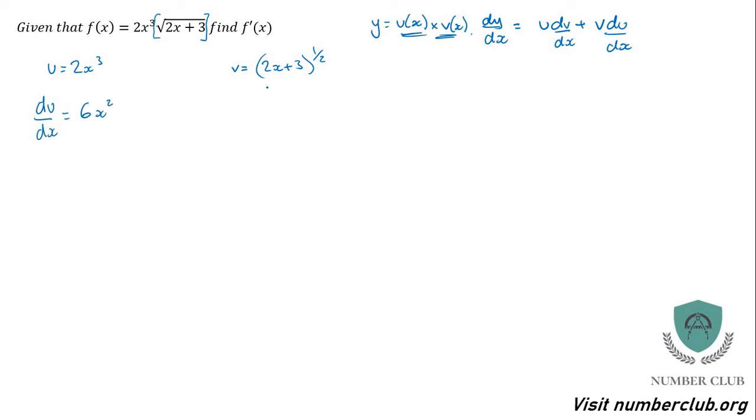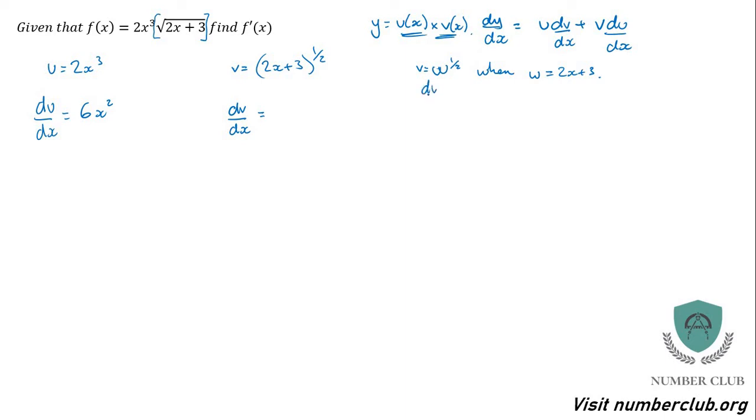dv by dx involves using the chain rule. So dv by dx will involve, well, if we knew that v was equal to this, then we could say v is equal to u to the power of half, but we shouldn't really use u, so we'll use w. v is equal to w to the power of half when w is equal to 2x plus 3.